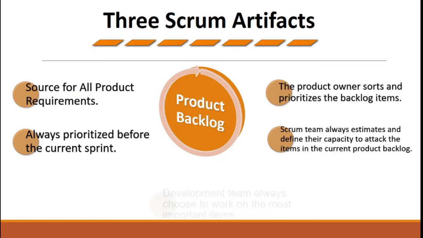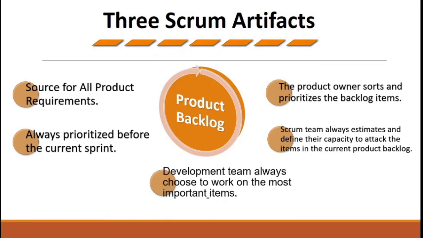Once this is done, the development team always chooses to work on the most important items, which is the fundamental premise of the Scrum framework, that the development team will always choose the items that are high in risk and most important, carrying the most value to the project. So these items will be developed first by the team.